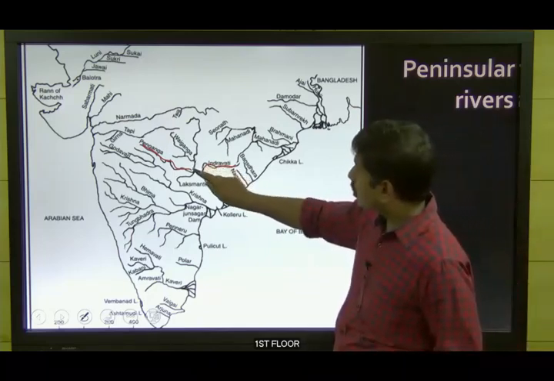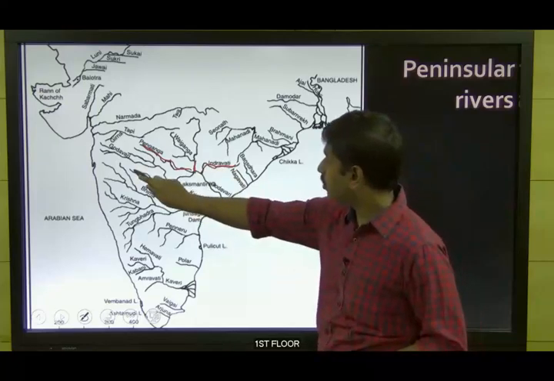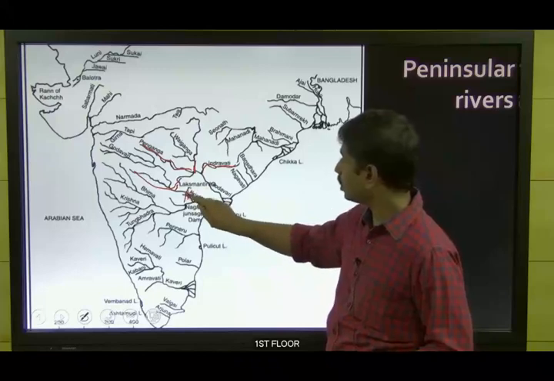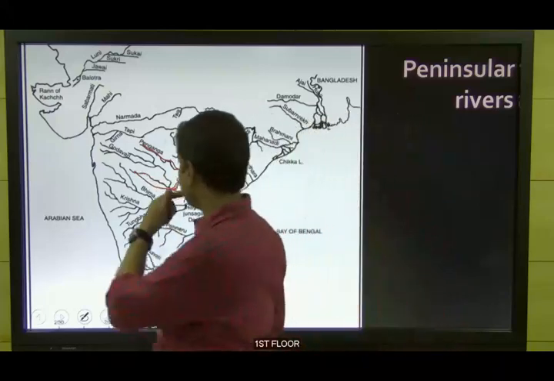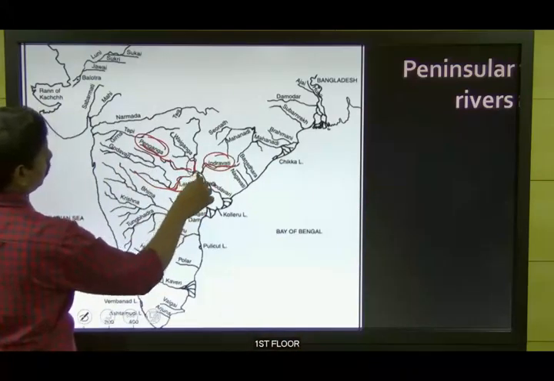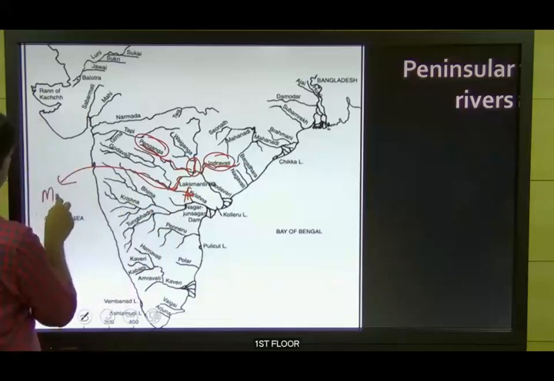This is Pranhita, and then Manjira is this river, which is wrongly shown to join the Krishna. This line will not come. This is Manjira. This is Penganga, Indravati, Pranhita, Manjira.